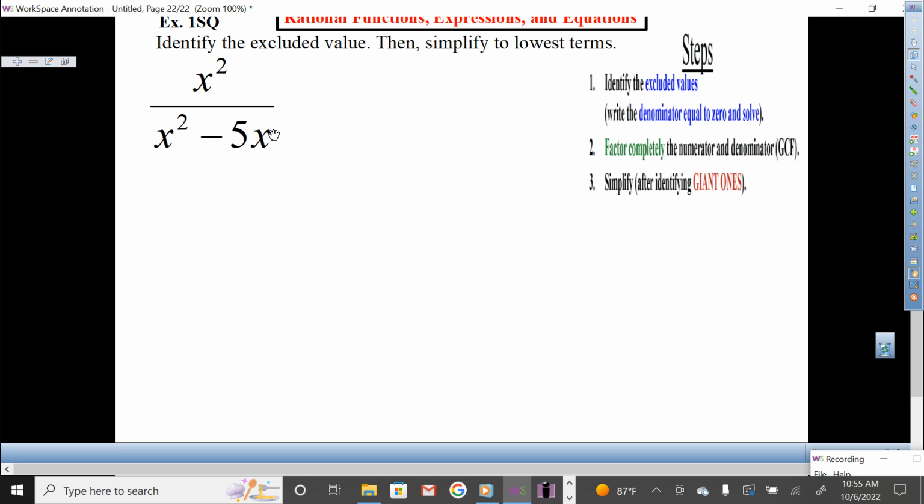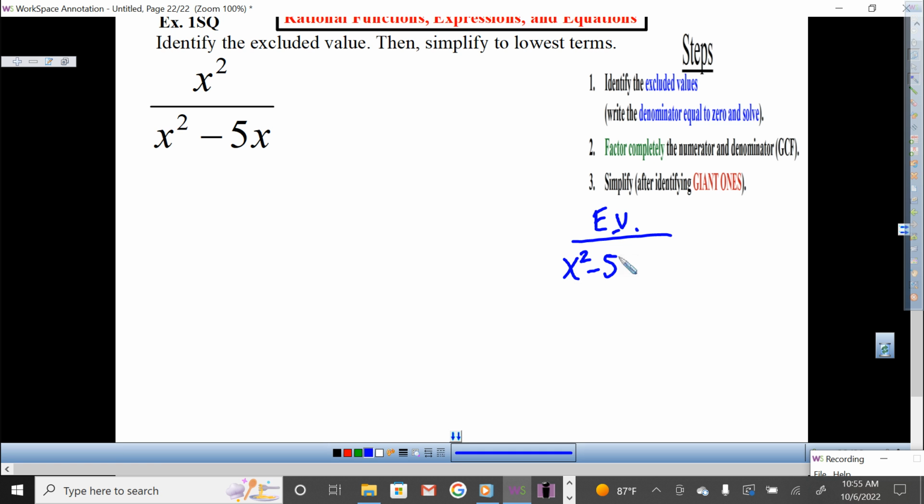All right. Here we go. Let's start with the excluded value, guys. Excluded value. What do I write, Diego Rosas?